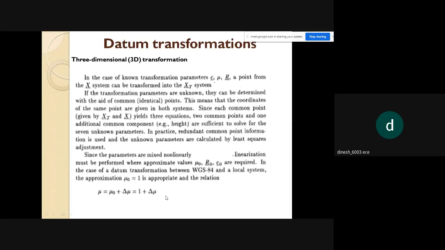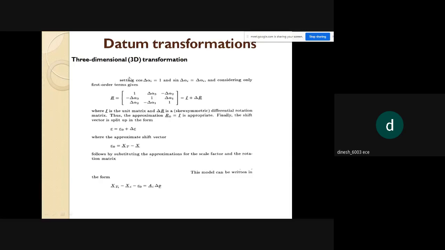Substituting, cos del alpha i is 1 and sin del alpha i is equal to del alpha i. Choosing only the first order terms, we get the R matrix as I plus del R.